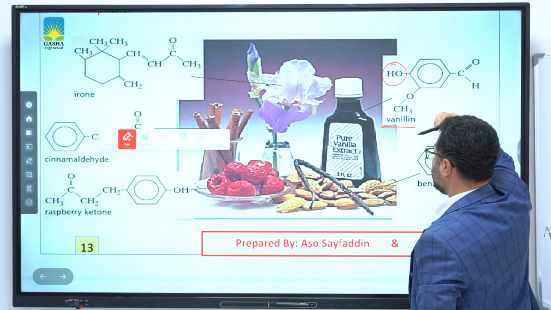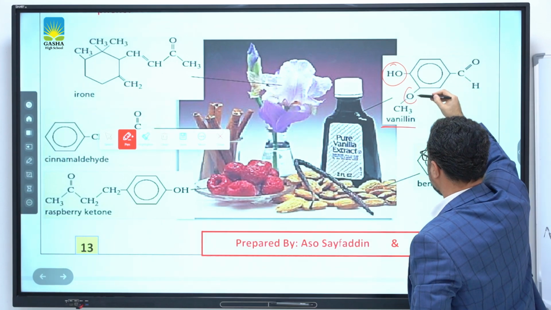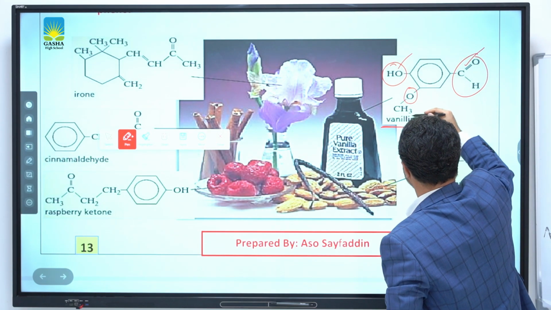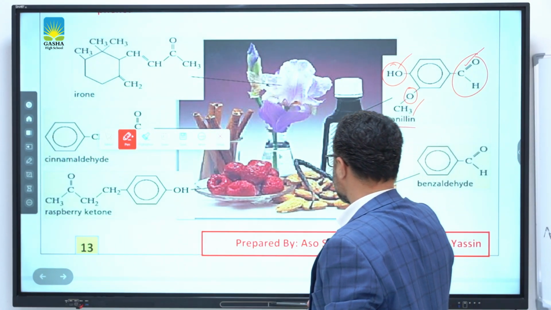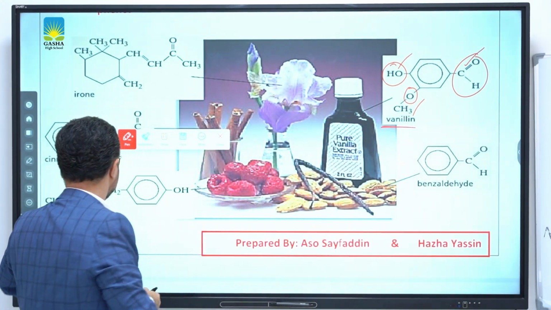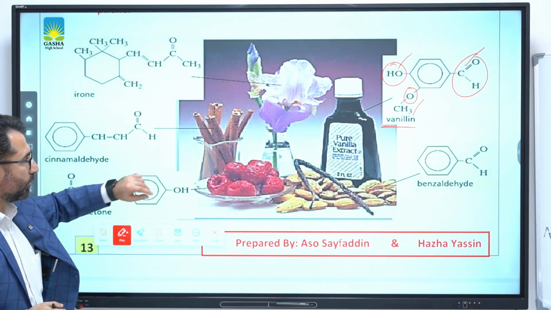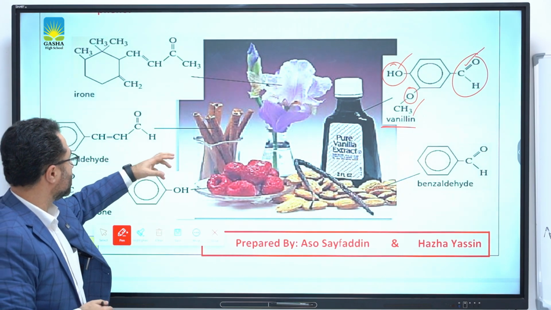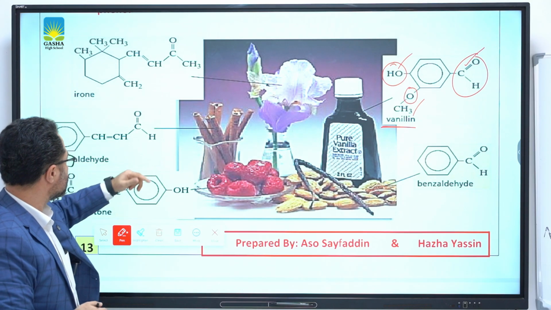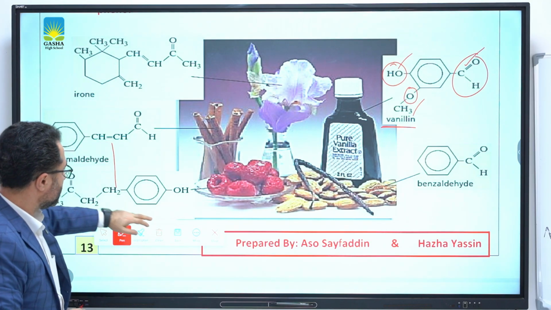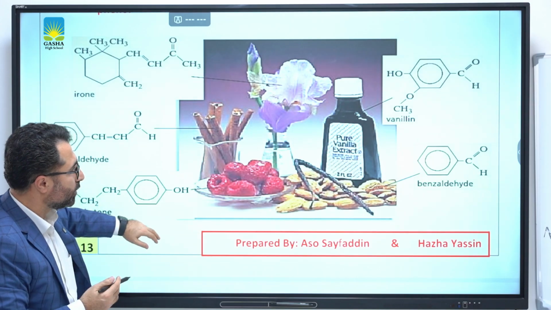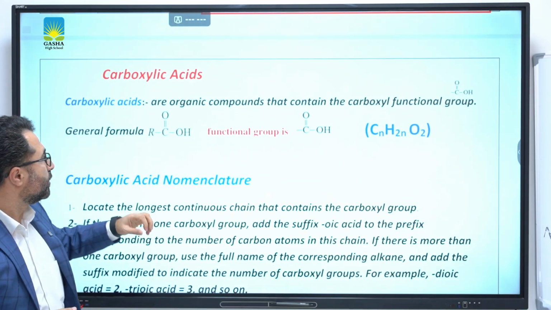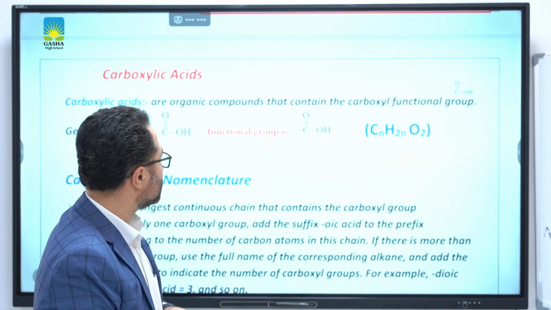It has 3 functional groups: OH, O, and C double bond O. Cinnamaldehyde is the flavor and odor of cinnamon, and raspberry and benzaldehyde all have nice flavors and odors.